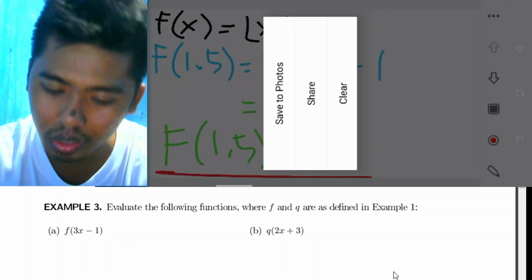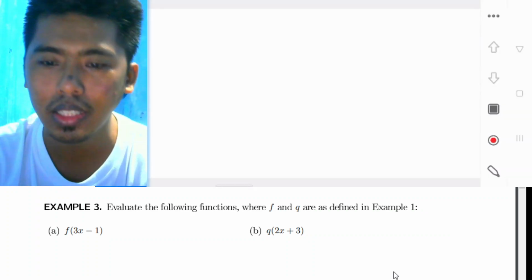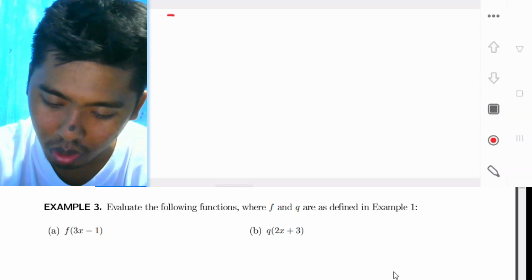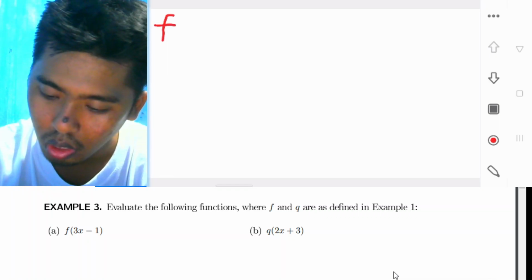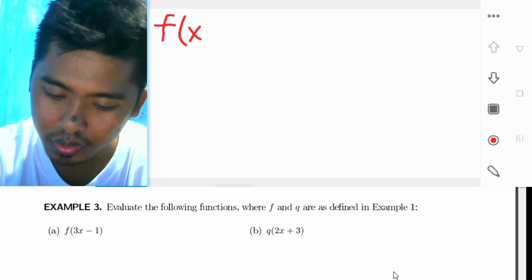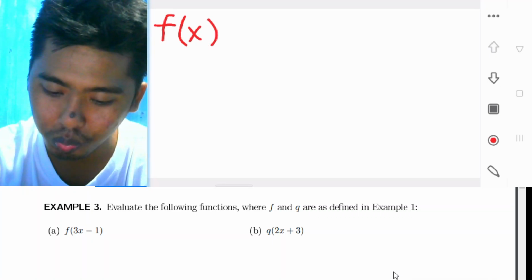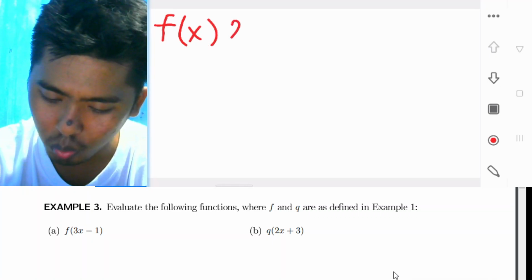Okay, so let's clear this one first. And our original f function, that would be f of x equals 2x plus 1.